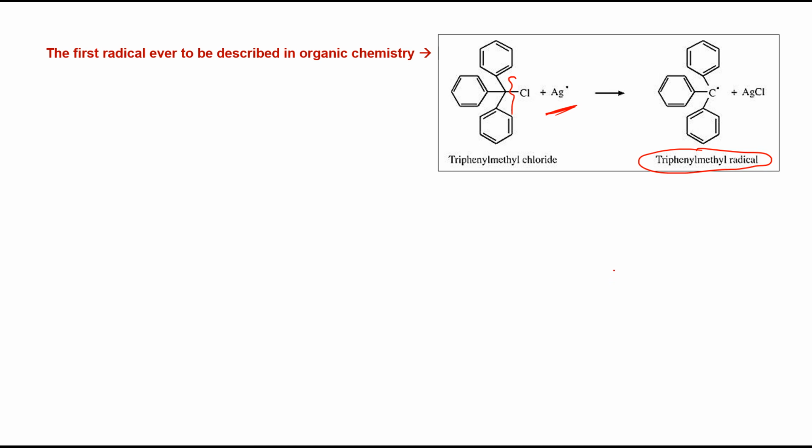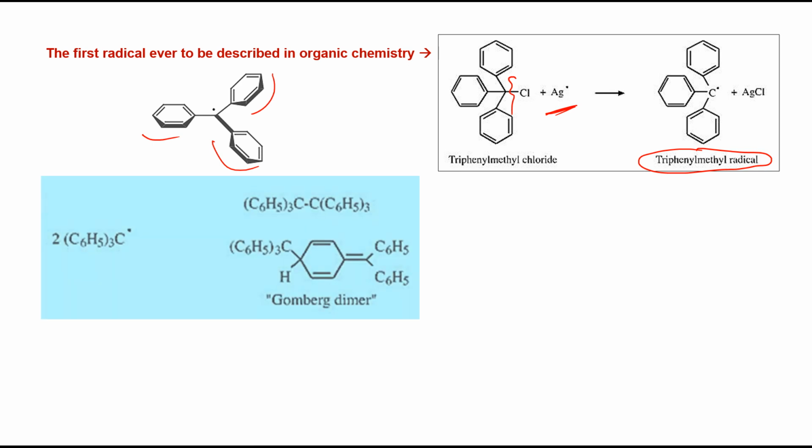Now in this triphenyl methyl radical, conjugation is possible, and also there is a steric reason, because in this picture you may think that all 3 benzene rings are in the same plane, but actually that is not the case. They remain in this twisted form. So dimerization will be difficult because 2 such radicals cannot come close to each other.